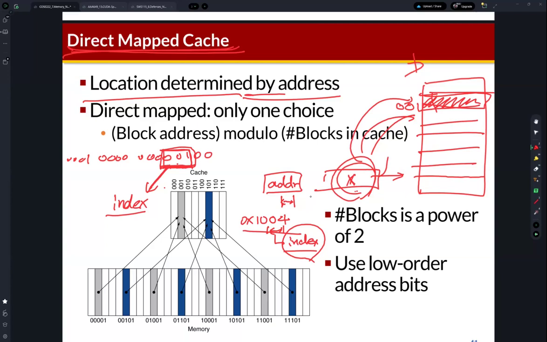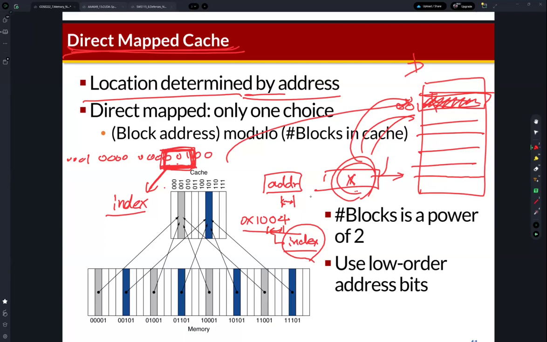If this part is the same, then the data which have the same address part, like 001, are mapped to the same index of the cache.